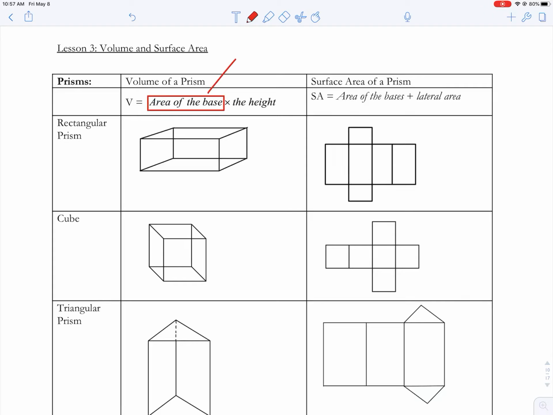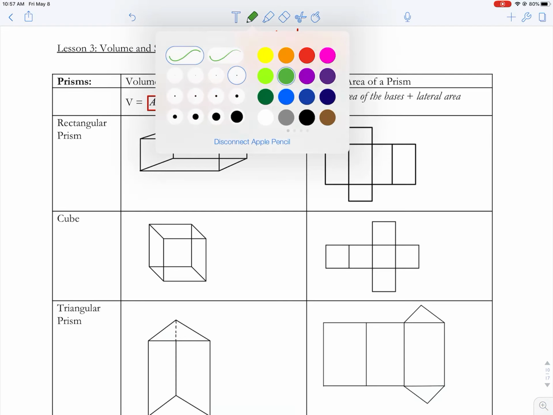So when they talk about the base, it's the shape that gets stretched, and we can see that most for the triangular prism. A fancier word is extruded, if you know that word. And then it's going to be times the height. And by height, it doesn't necessarily mean how tall something is.